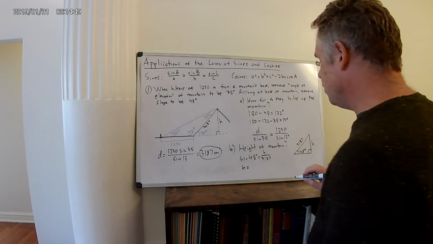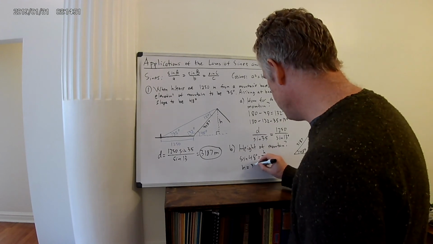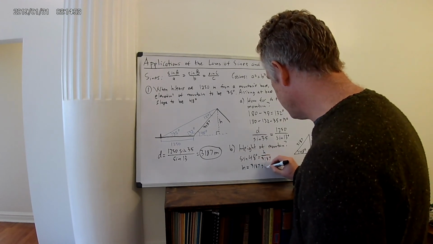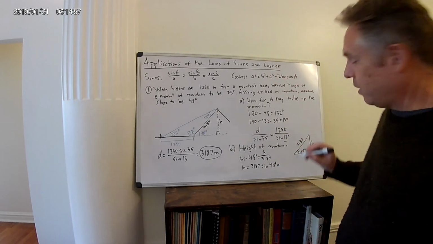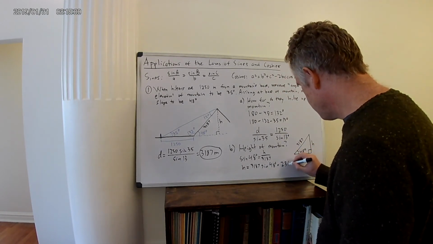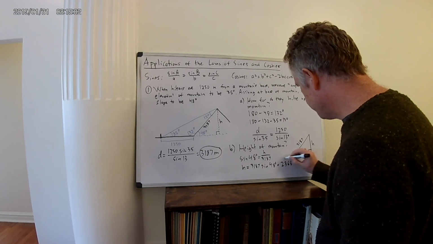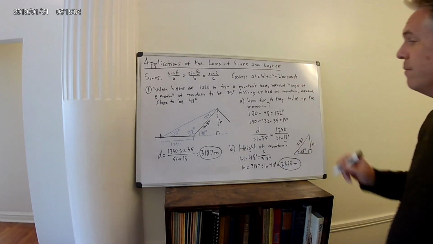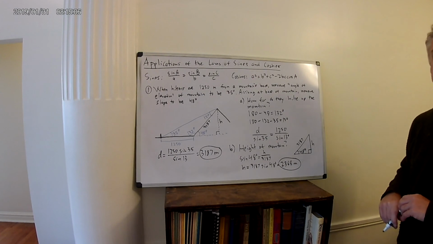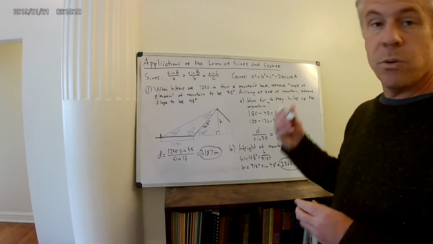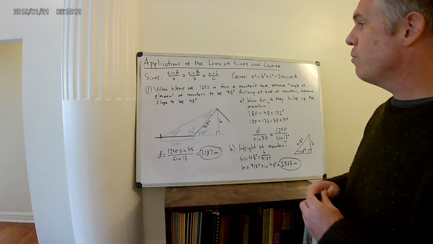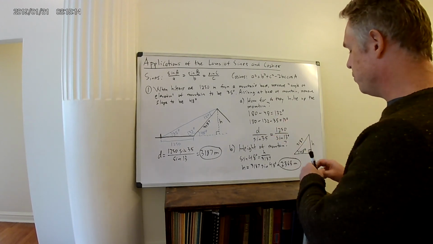If we solve for H, H equals 3187 times sine of 48 degrees. And if we plug this in our calculator, we get 2368 meters. So the height of this mountain is 2,368 meters. Again, this is a fun application of the law of sines to a real life problem. In parts 2 and 3, I'll consider some other example problems with some applications.